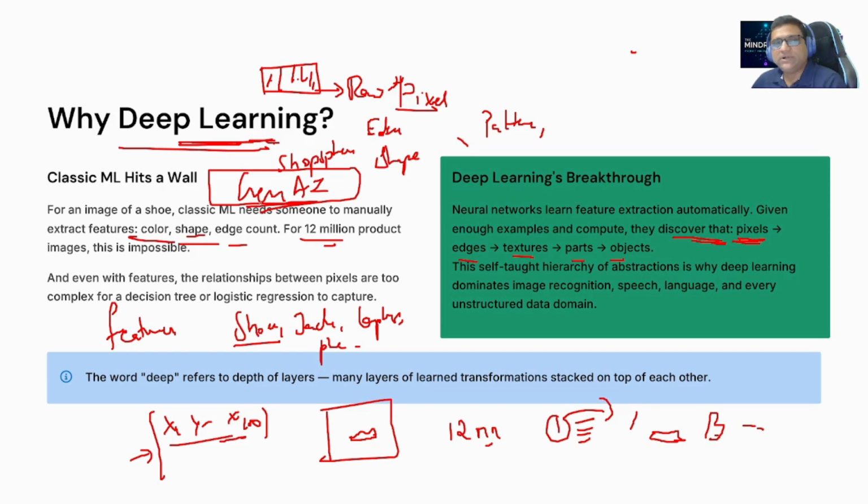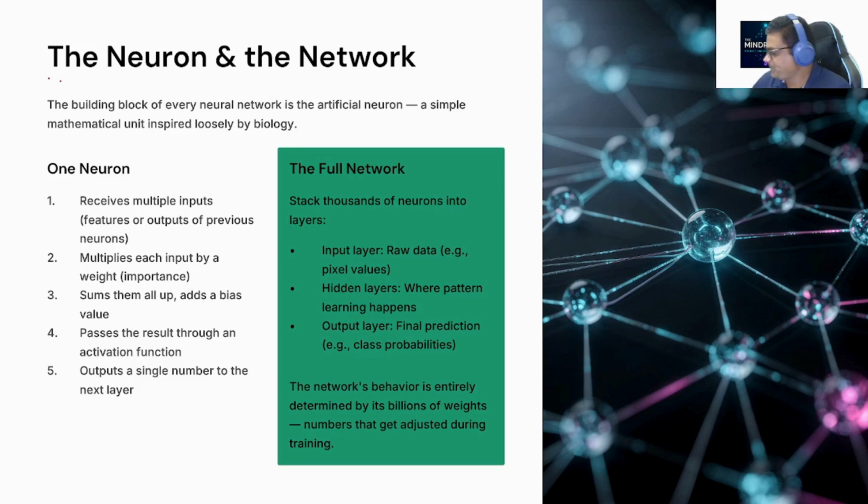Okay, the word deep does not mean deeper intelligence. It simply means many layers stacked together. If you come back and see the way I put it here: pixels, edges, texture. So many layers stacked together. The machine will understand each and every layer and try to extract and classify the respective image. That's actually deep learning.